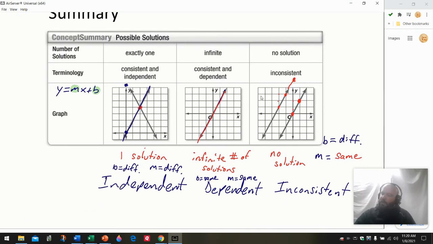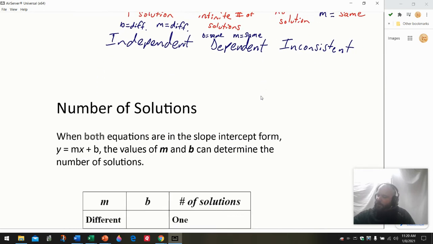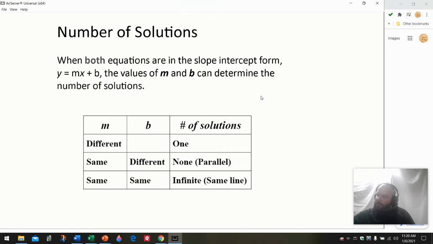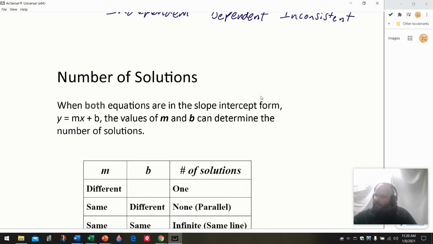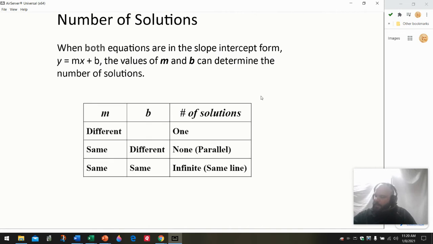So using all of that information that we just wrote, and using those tables or the graphs, we're going to organize that data into a table. You can see right here, we have an m and a b and a number of solutions. So this is exactly what I just wrote up here in a table format. If the slope is different, then the y-intercept could be the same or different.